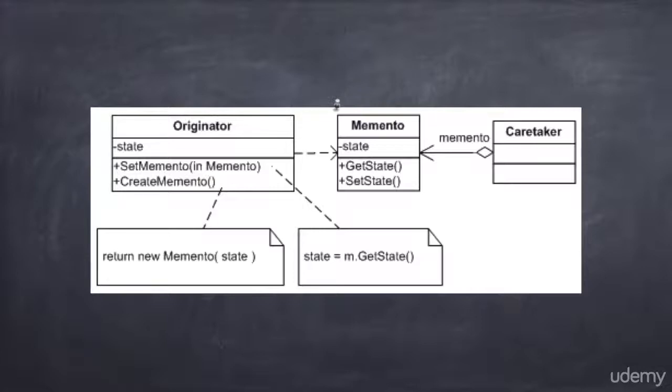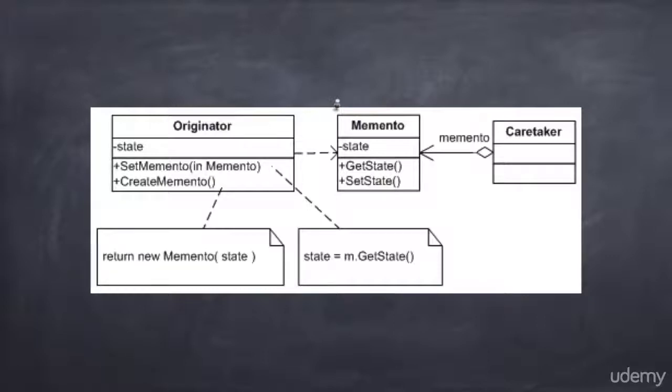So let's start with the originator. The originator has private state, represented in the UML diagram with the private field called state. There are also two methods: create memento for creating a new memento instance containing the current state, and set memento for restoring the state by using the provided memento instance.